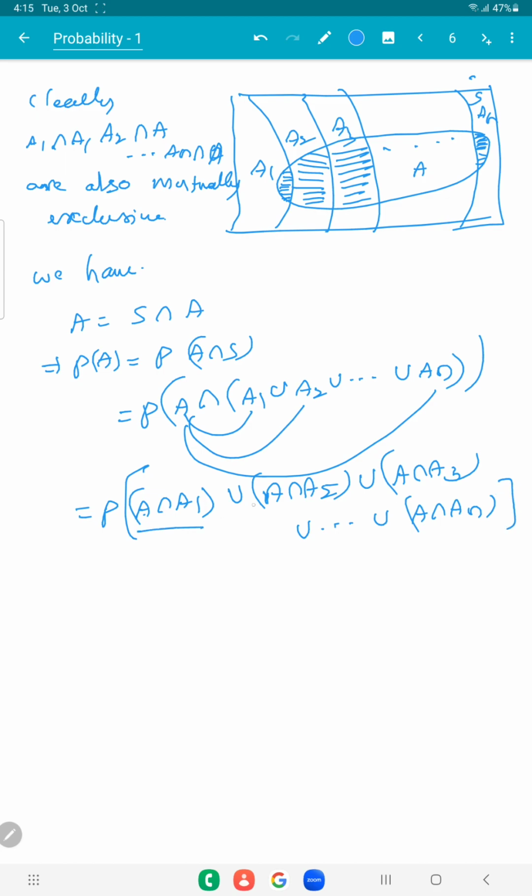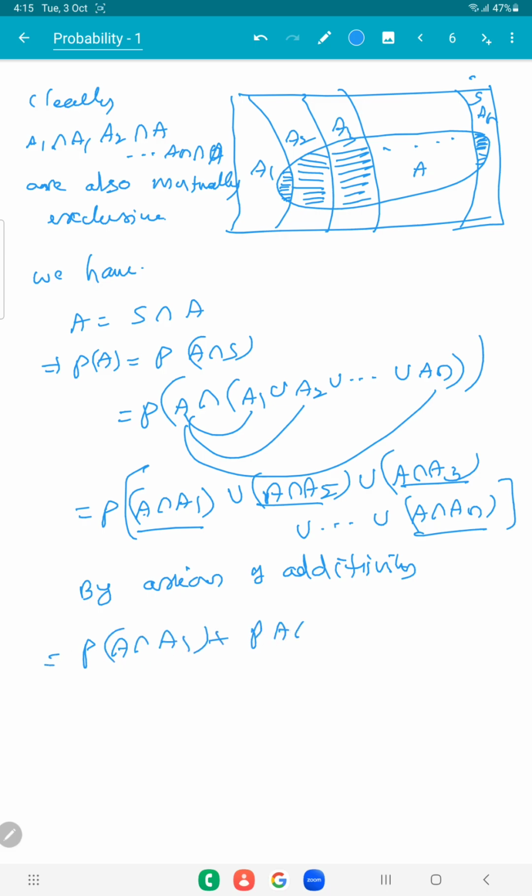Observe, these are all mutually exclusive events. By the axiom of additivity, this is probability of A intersection A1 plus probability of A intersection A2 plus and so on plus probability of A intersection An.